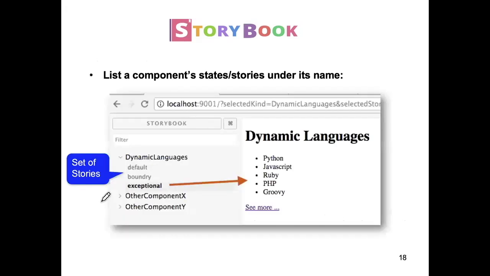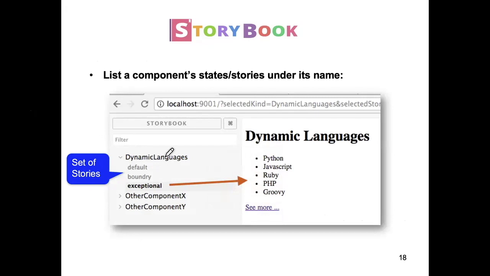What the Storybook UI will do for you, now you've actually obviously got to code this, and I'll show you how to code it in a minute. You've got to implement these stories somehow. And when you do implement the stories and associate them with the particular component, then the Storybook UI will reflect that in what you see on the left here.